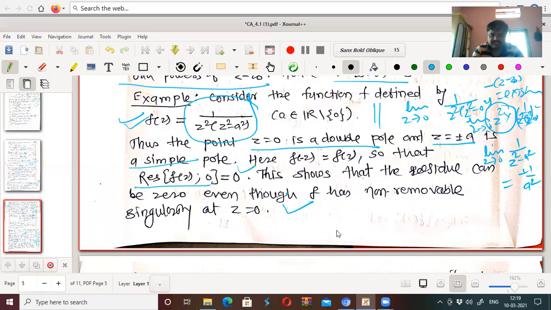In the previous example, we saw that every function having a removable singularity at z0 has residue 0 at z0, but even if a function is non-removable, its residue may be 0.